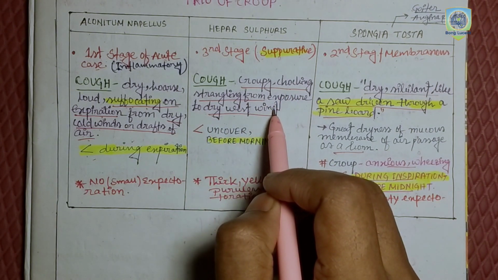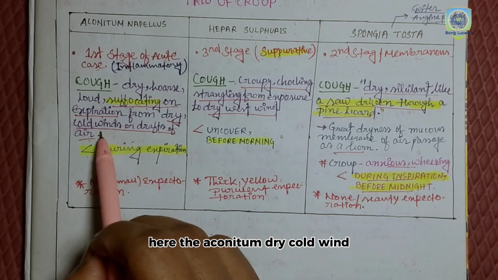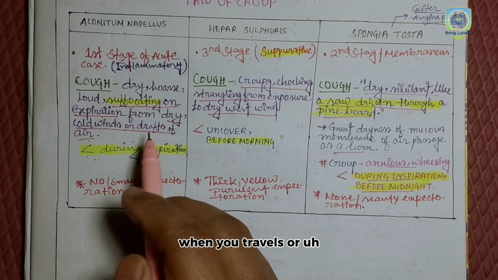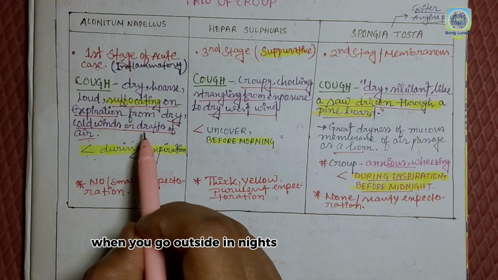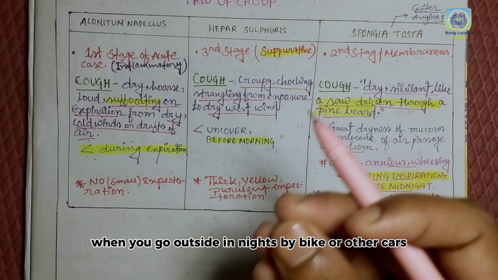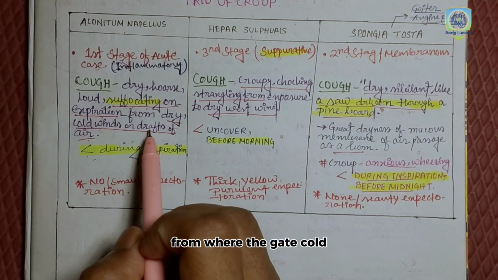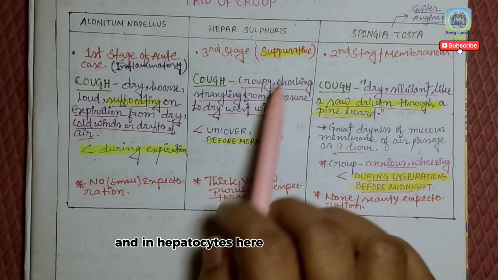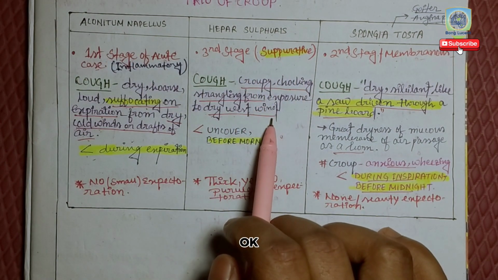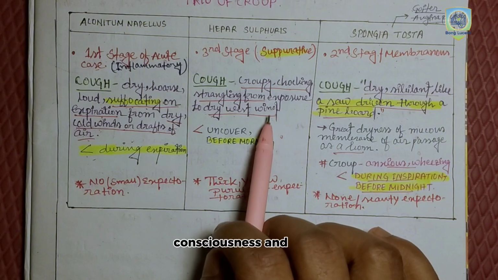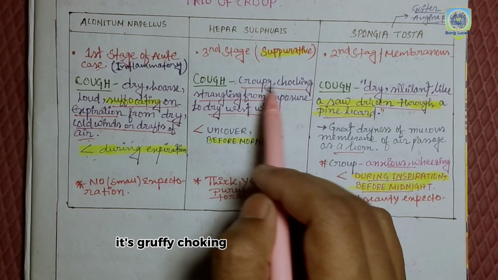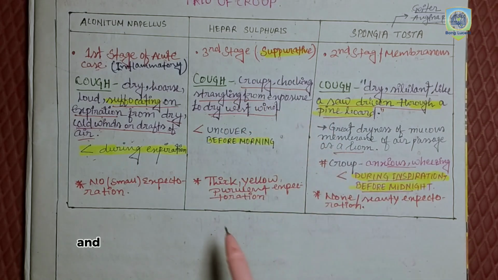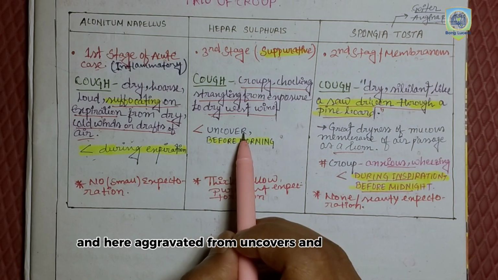In Aconitum it is the dry cold wind, especially at night when you travel outside by bike or car and catch cold, where Aconite is very important. In Hepar sulph it is the dry west wind. Croupy, choking and strangling cough, aggravated from uncovering and before morning.